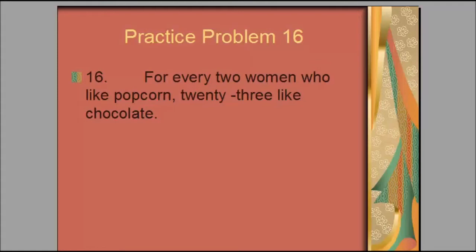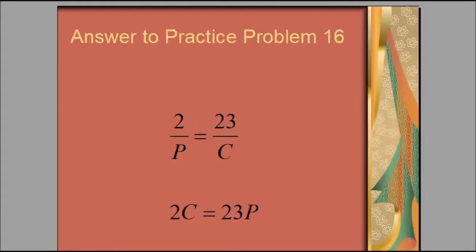A similar problem: for every 2 women who like popcorn, 23 like chocolate. Again, we set up a proportion. We had 2 over p equals 23 over c, and cross multiplying gives us 2c equals 23p. Notice that there are many ways that a correct proportion can be set up, but what you need to do is to be consistent.